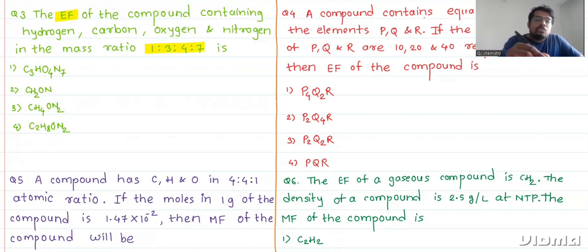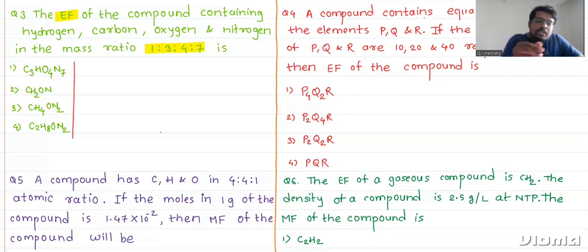The mass ratio is given to us, and they are asking us to calculate the empirical formula. Empirical formula is nothing but what? It represents the simplified ratio of atoms present in molecules, which is the simplified form of their number of moles. So find the mole ratio of atoms in simplified form.